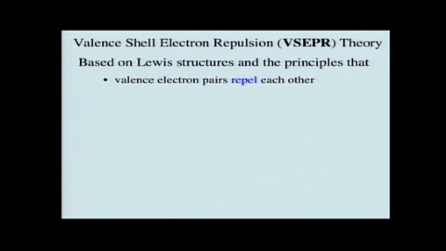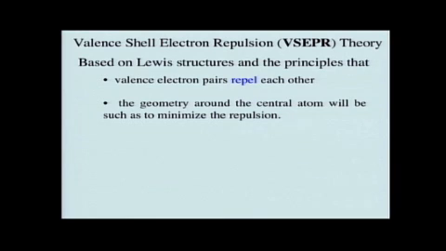This makes sense. Anytime you have negatively charged electrons, you want to get them as far away from each other as possible because they're all negatively charged. And the other principle is that the geometry around the central atom, which you've identified in the Lewis structure, is going to be such that it minimizes the repulsion between either the bonding electrons or the electron pairs.